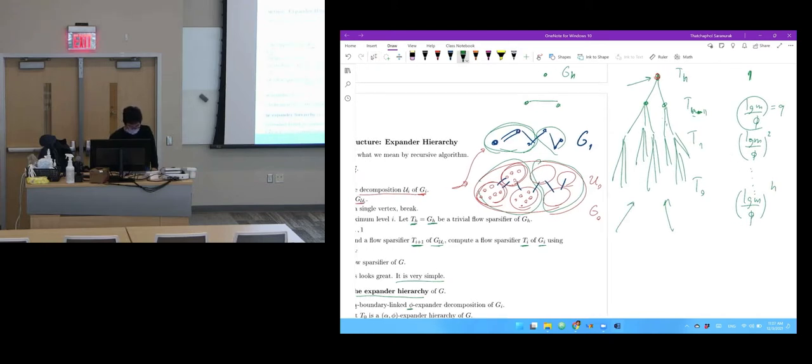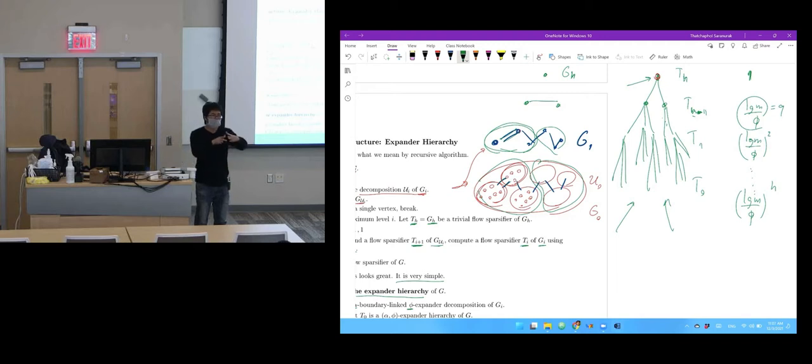Is it clear to you how to construct this tree? Yes or no? Yes? How do we deal with the multi-edges? So if there are two edges here, we just create two edges here. Yeah, we just think of a graph. After contraction, you just think you have a multigraph.